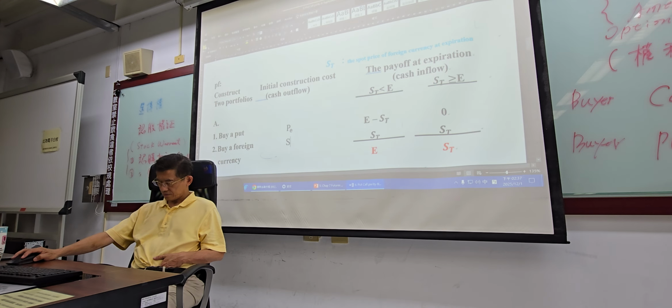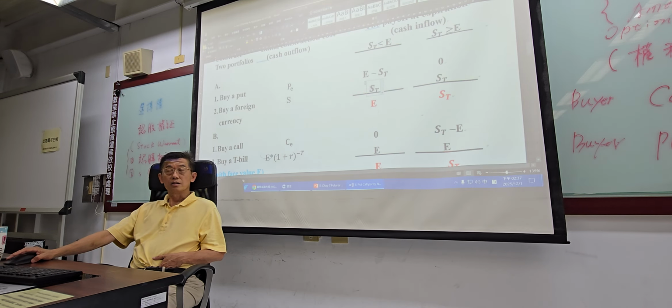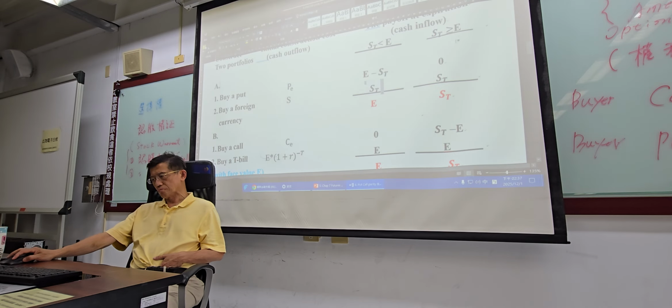Now the valuation: if you sell your foreign currency, you will get S sub T in cash back. Let's check the situation where S sub T is larger than capital E. In this possibility, your first component, the put, will be worth nothing, 0.